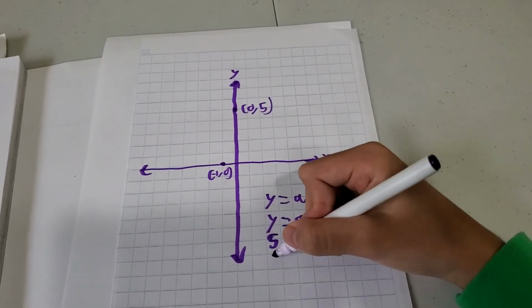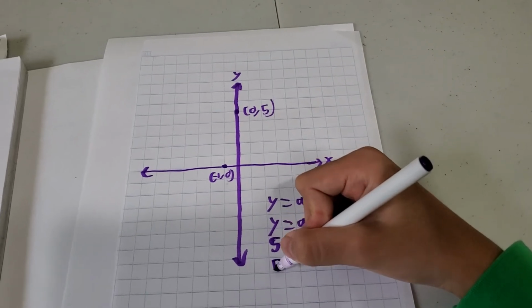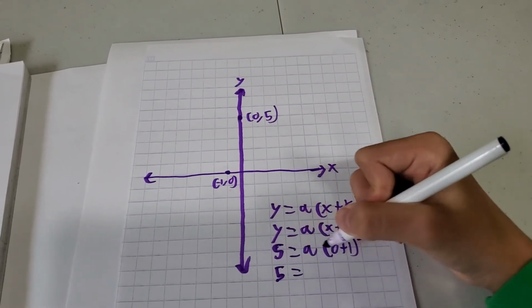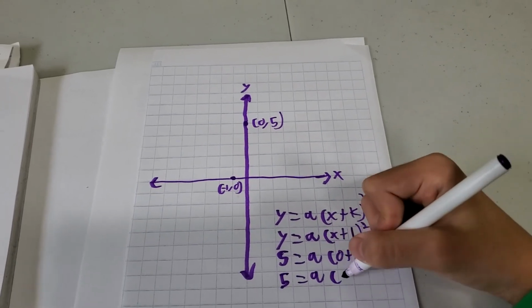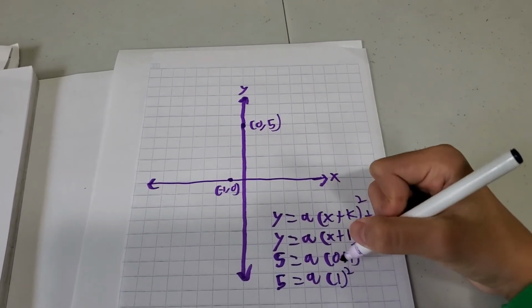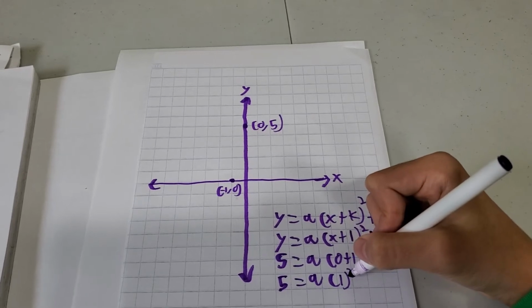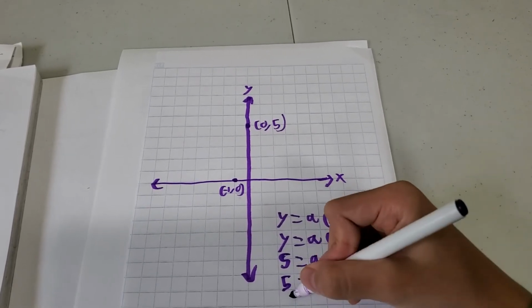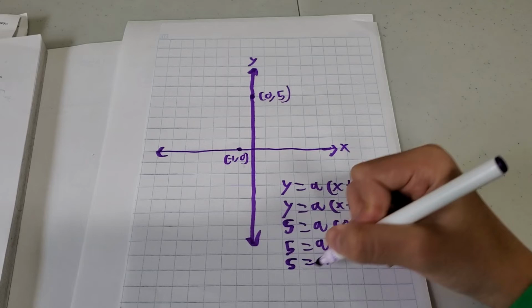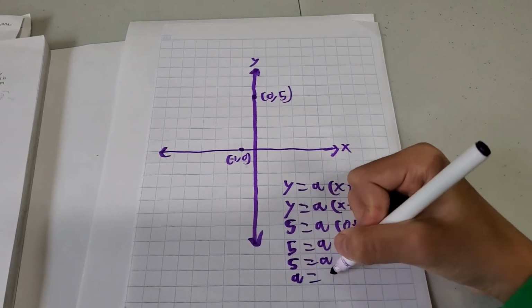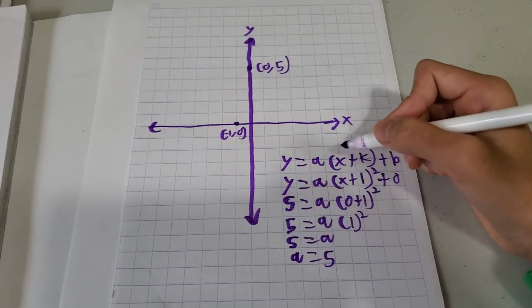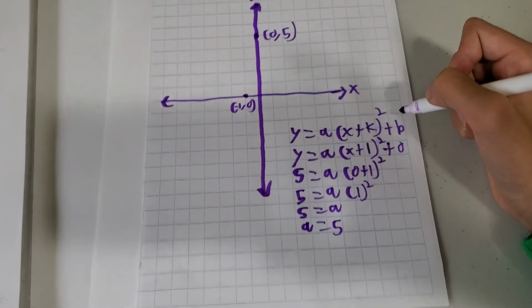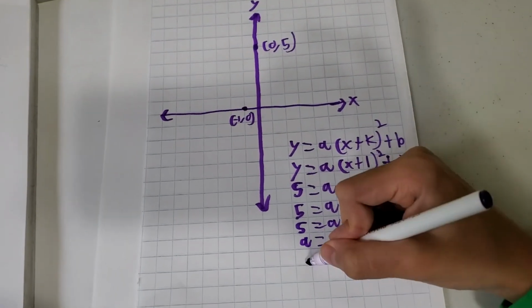This is the same thing as 5 equals a times 1 squared. And 1 squared is 1, and 1 times a is a. So 5 equals a, and a equals 5. So let's put everything we know, a, k, and b, into one equation.